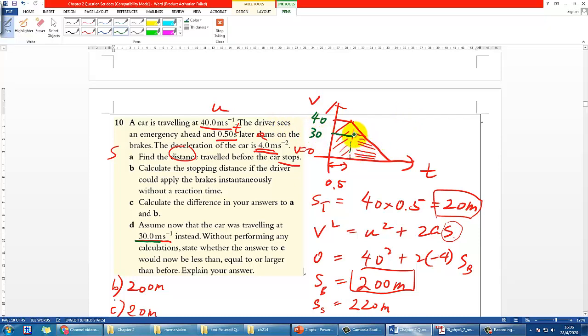And what about the next part? In the next part, you should be able to know the slope is the same because the slope represents acceleration in the v-t graph, and assuming in our case now the deceleration remains the same as 4, then the slope will be the same, and the shape should be like this until the velocity becomes 0.